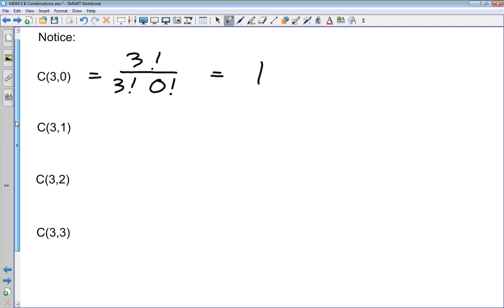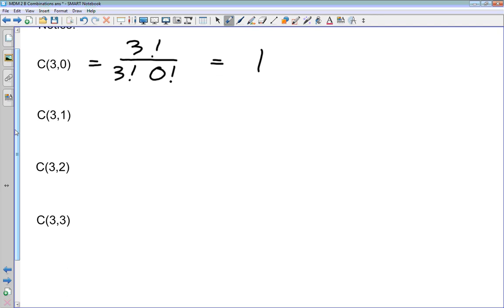If we come down to the bottom of this list here, and we're doing 3 choose 3, that's going to be 3 factorial divided by 3 minus 3, or 0 factorial, and then also divided by 3 factorial. So the expressions here are the same. We've got a 3 factorial on the top, a 3 and a 0 factorial on the bottom, and then a 0 and a 3 factorial. Because this is all multiplication and division, this is all just going to be the same thing.